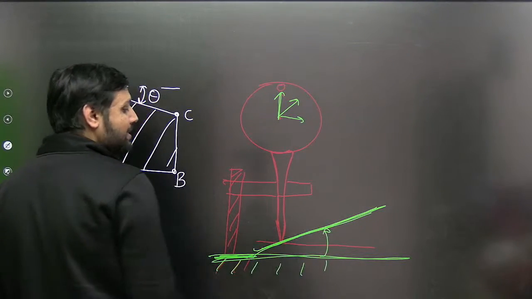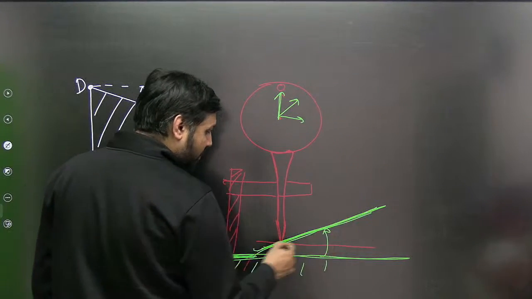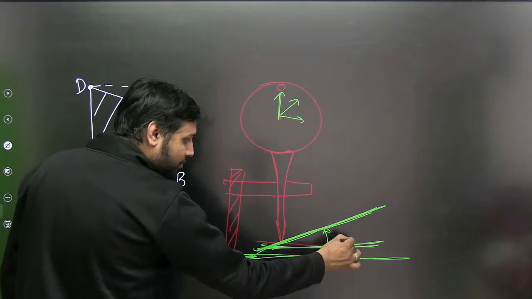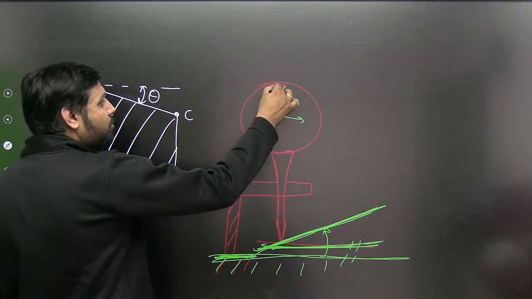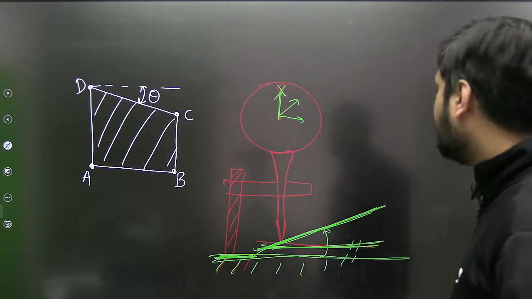It is sloped, it is inclined. If the surface upon which you are moving the pointer of the dial gauge is parallel to the reference line, then there will be no movement in the dial indicator. Okay, you got the mechanism.